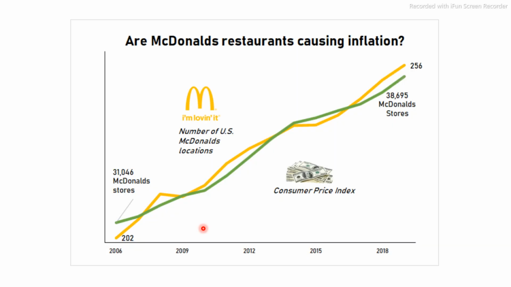so this visual, if you see, there are two lines. One is McD stores, let's say 31,046 number of McD outlets were there in 2006. Now in 2018 it has gone up to 38,695. And same goes with your inflation.